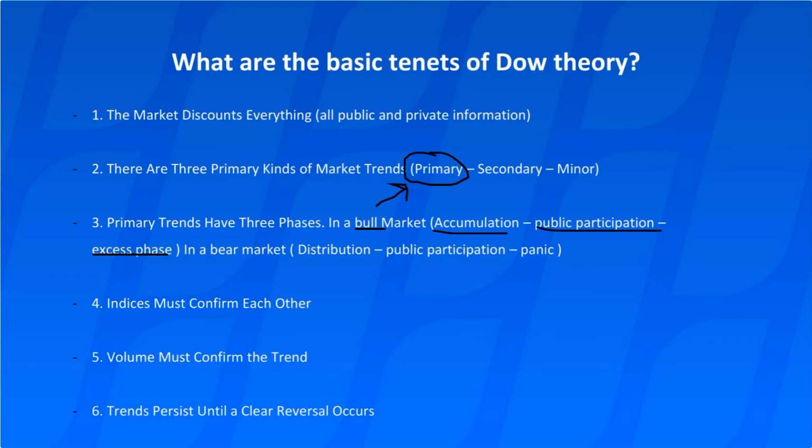Back in 2008, 2009, and 2010, when smart money saw that crypto might be the future, they bought Bitcoin when it used to be $500 and $600. They accumulated huge amounts of Bitcoin and cryptocurrencies at the beginning of the upward trend, which is the primary bull trend. So that was the beginning of the accumulation phase.